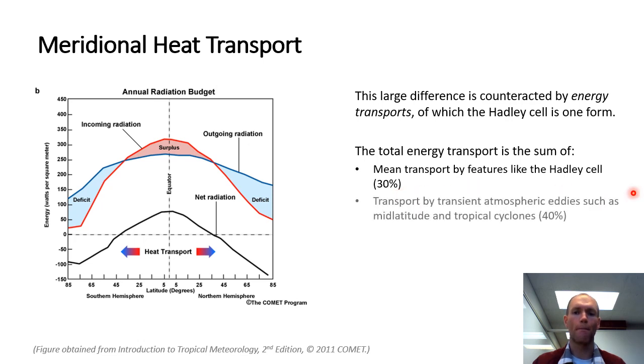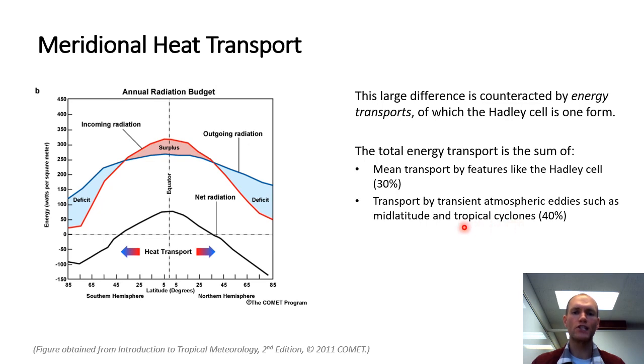There's also transport by what we would call transient or short-lived mobile atmospheric eddies, such as mid-latitude and tropical cyclones. So all of our cold and warm frontal systems are trying to bring cold air to the south and warm air to the north to try to mitigate against this temperature difference that exists due to radiation.